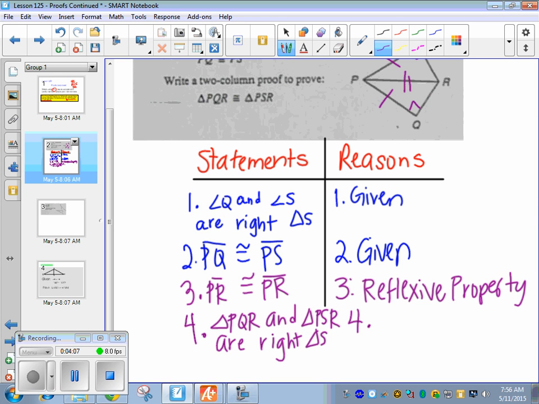So step 4, what's our reasoning going to be? That we just wrote down on the first slide? Yes. Definition of right triangle. Okay, we stated that there's one right angle, so it has to be a right triangle.